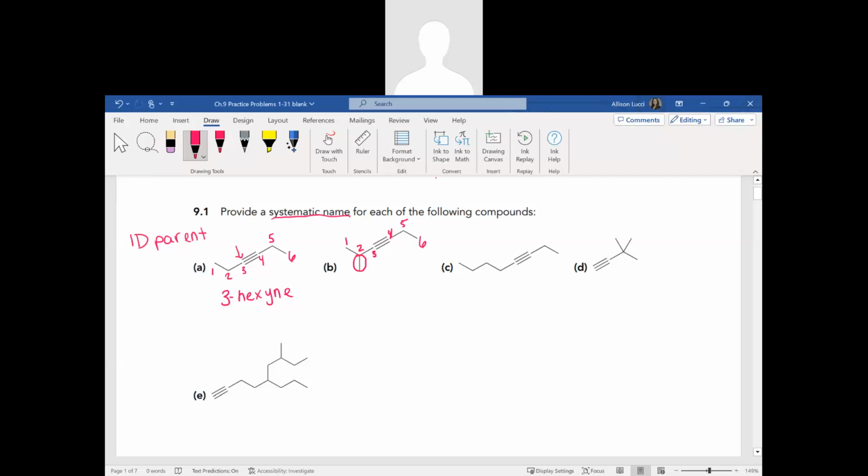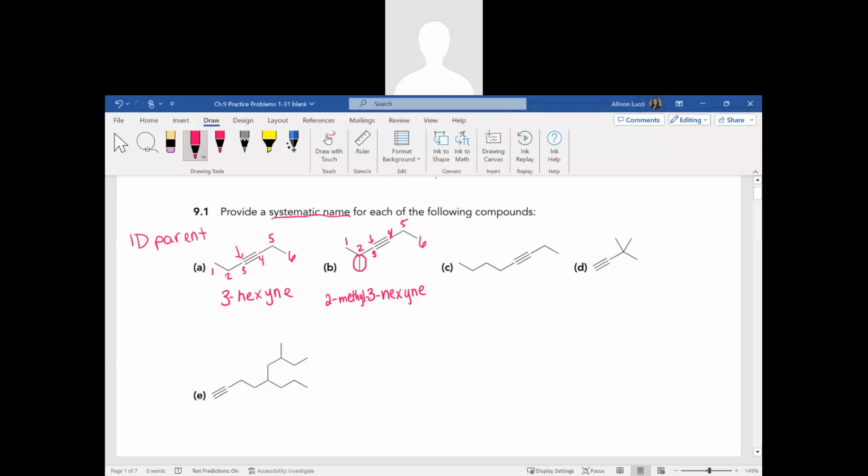We know that our parent is going to be a hexyne again. We know that it is a 3-hexyne, because the placement of the triple bond is in the same spot right here. But now we have a methyl substituent, so this will become 2-methyl-3-hexyne.